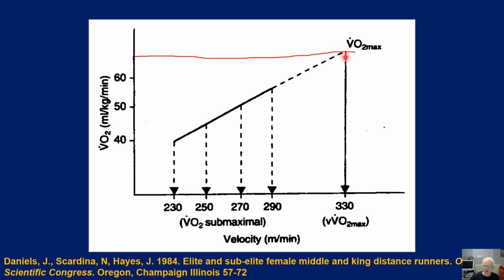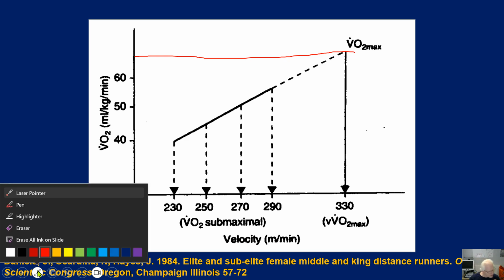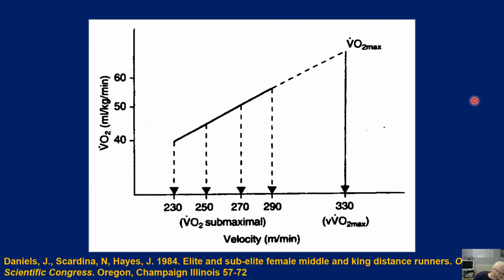We then extrapolate it back to the x-axis, and that gives us this interaction between economy and VO2 max, which is the velocity at VO2 max. Now you can actually calculate that, of course, by rearranging the y equals mx plus c formula, because we now know what y is. Y is now VO2 max, and therefore we can rearrange the equation. So it's a very, very neat way of connecting these two important parameters.